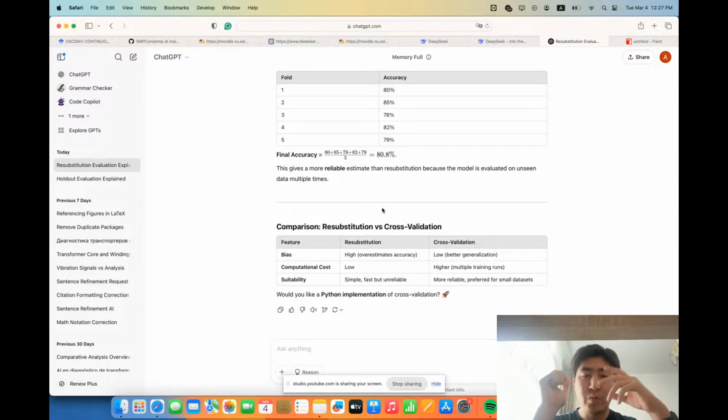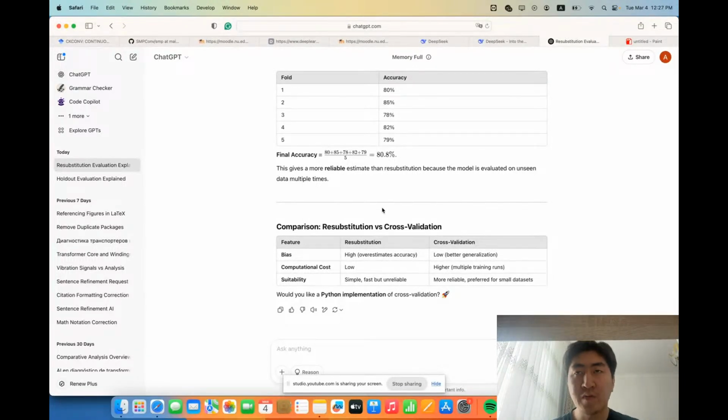So if we compare resubstitution to cross validation in terms of bias, resubstitution is optimistically biased, which means that it really overestimates the accuracy.